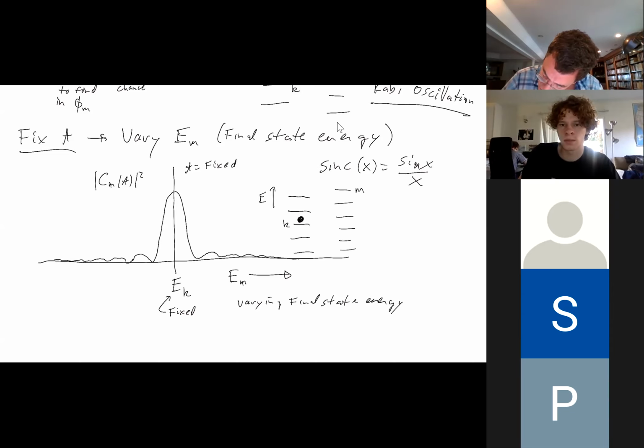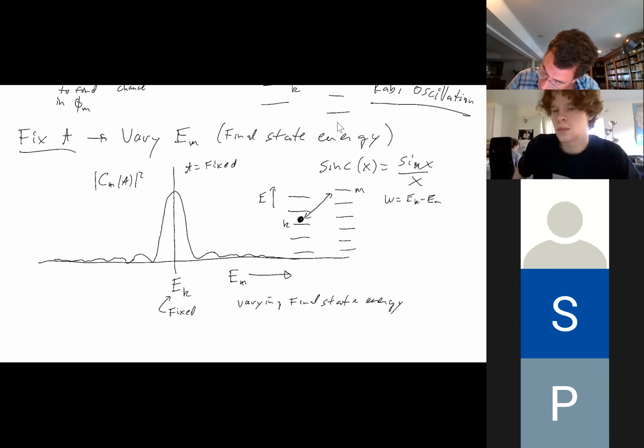And so the green goo is spraying, but the green goo sprays back and forth, boom, boom, boom, boom, depending on the energy difference. There's an omega equal to Ek minus Em over h bar.